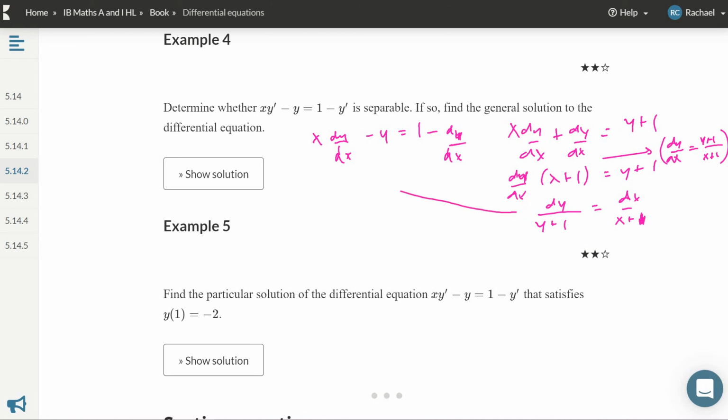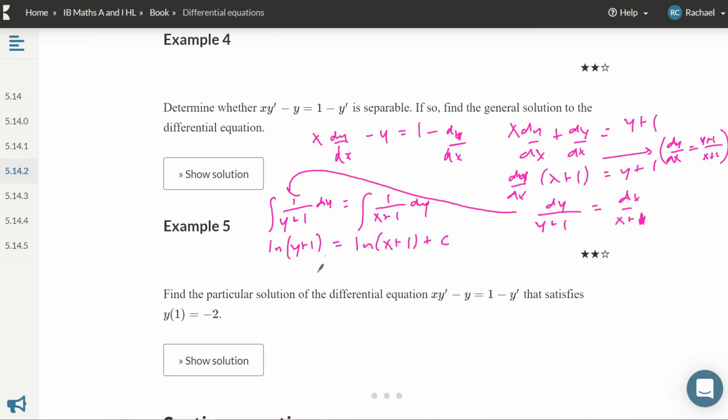So then here, we'll have the integral of 1 over y plus 1 dy equals the integral of 1 over x plus 1 dx. And then you have ln of y plus 1 equals ln of x plus 1 plus c, right?